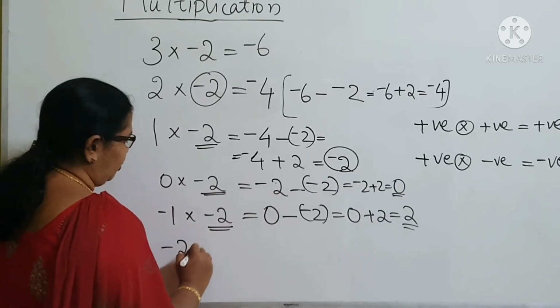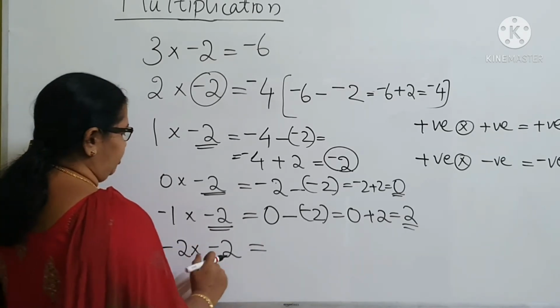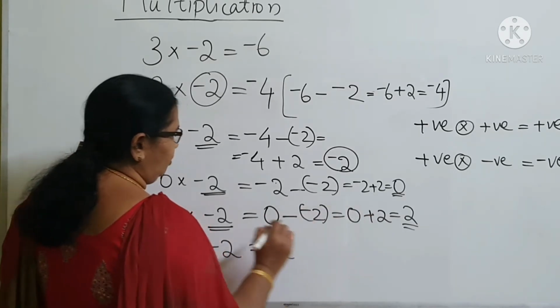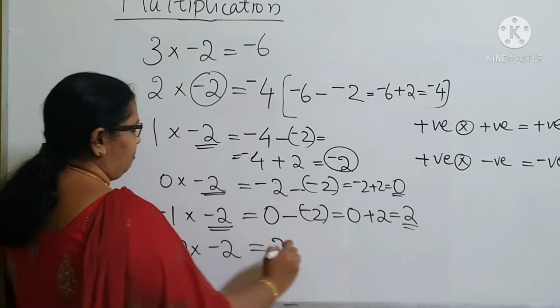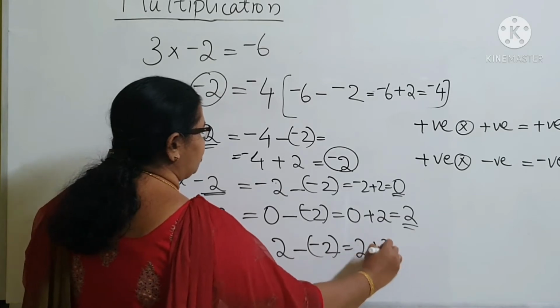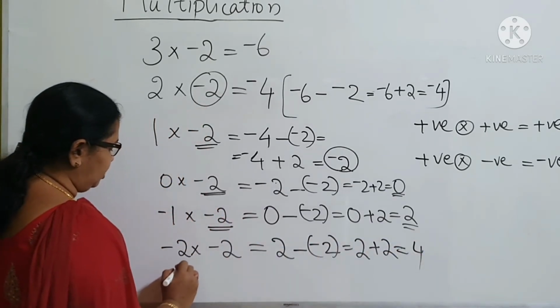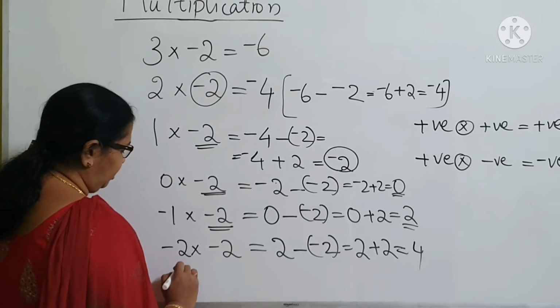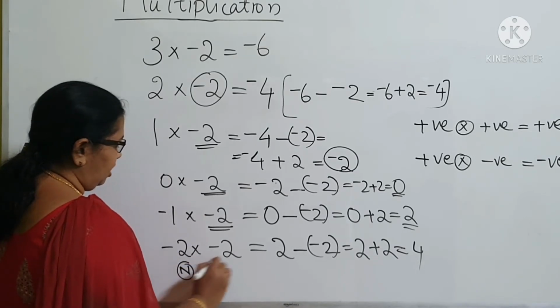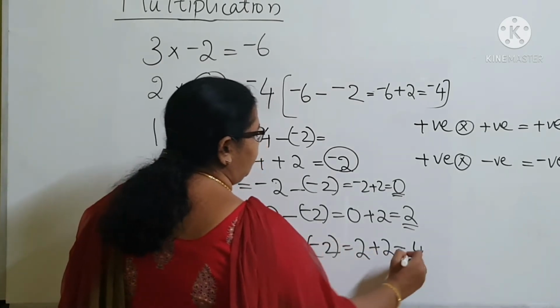Then what is negative 2 into negative 2? Next integer, negative 2 into negative 2. The previous product is 2, minus negative 2. Then add the additive inverse: 2 plus 2, and that is 4. Then this negative 2 is a negative integer, this is also negative, then the product is positive.